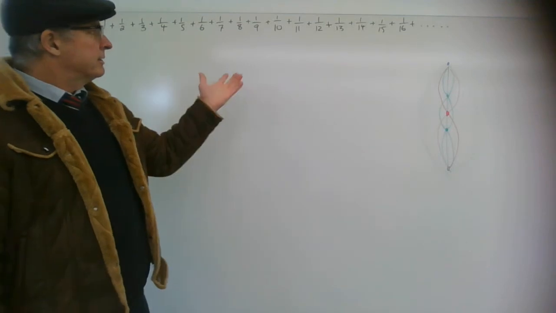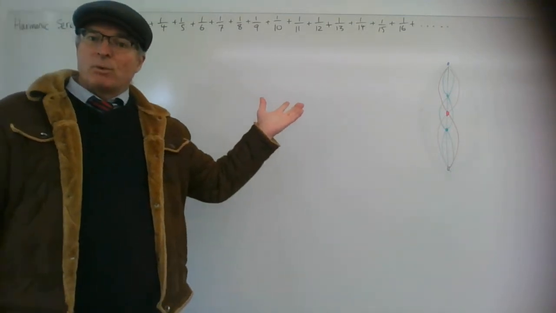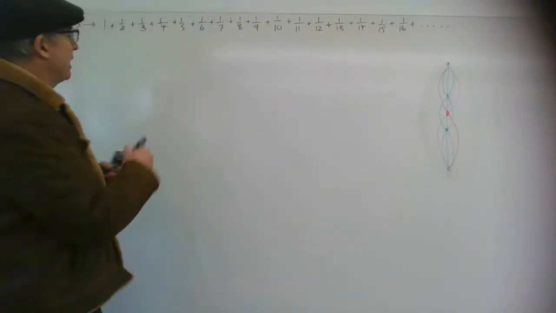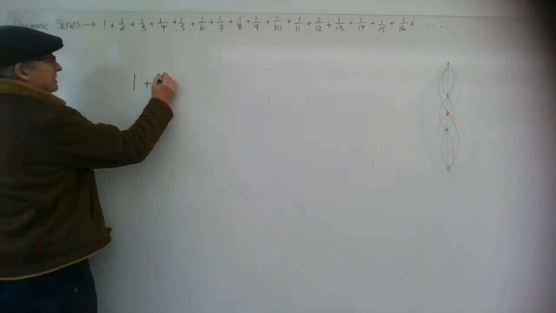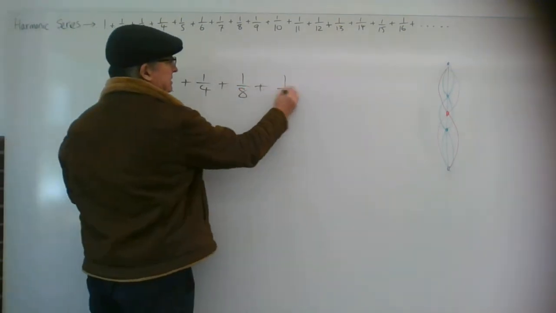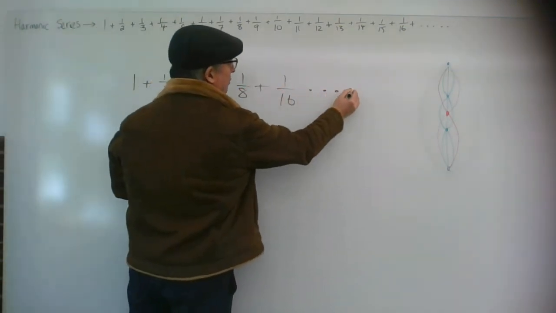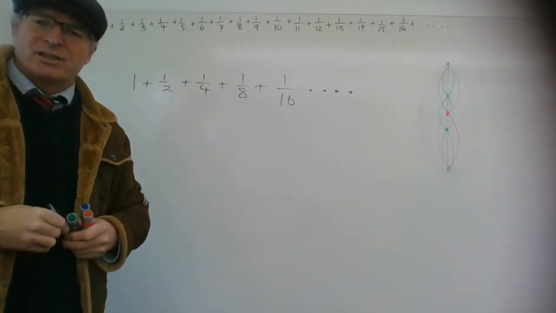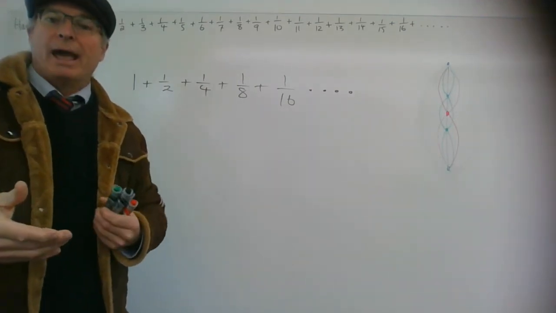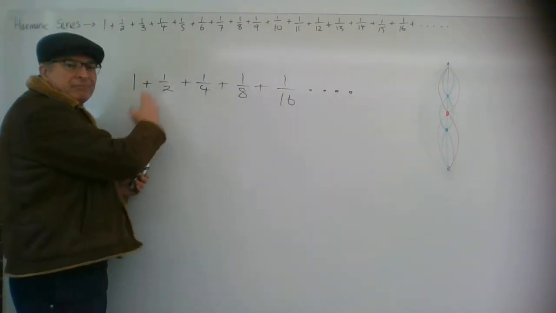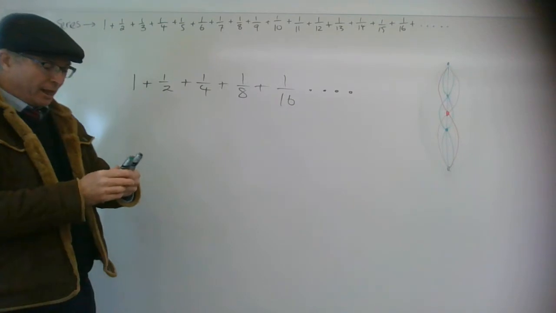Firstly, does it have a limiting sum or not? Because we know our old friend 1 plus a half plus a quarter plus an eighth plus 1/16, and so on. We know that guy does have a limiting sum. It's a geometric series, and its common ratio is a half. So you times by a half to get from one term to another.